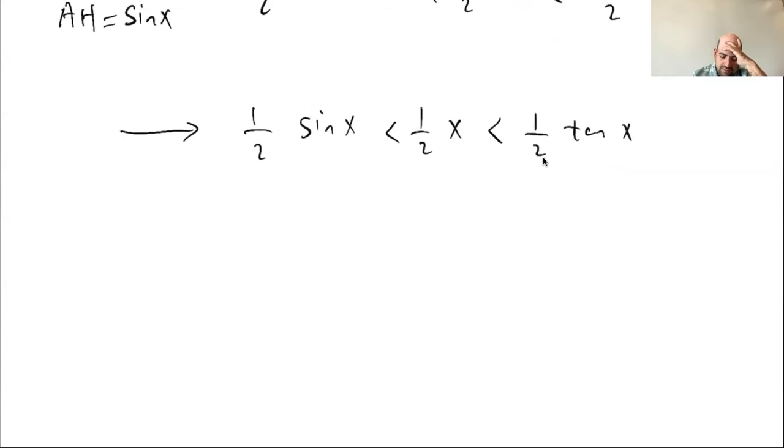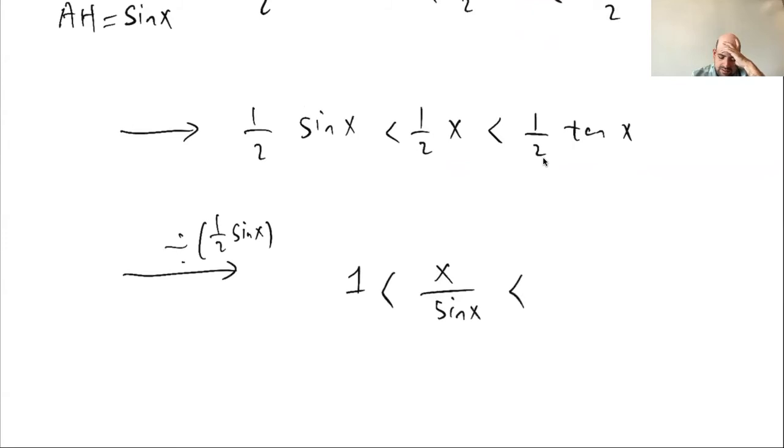Now, how about if I divide everything by sine x? Divide by 1/2 sine x. Then what do I get? I'll get 1 less than x over sine x less than tan x over sine x.